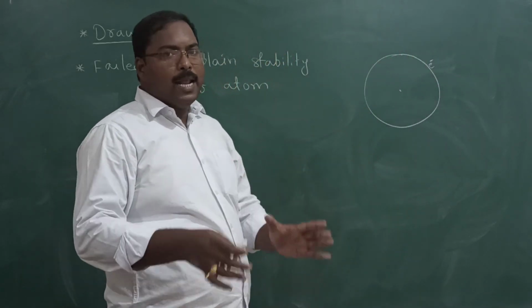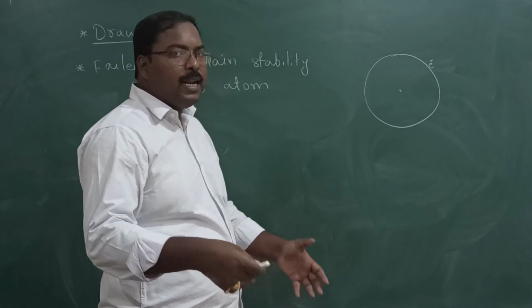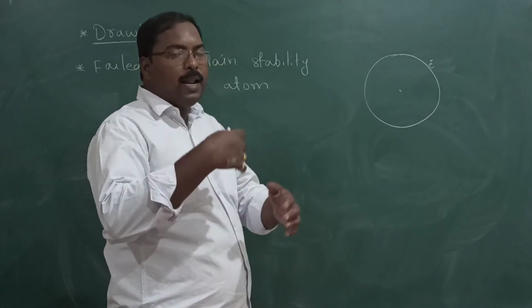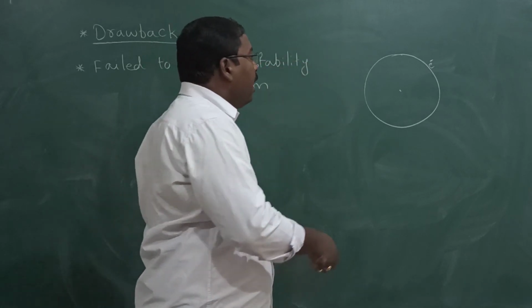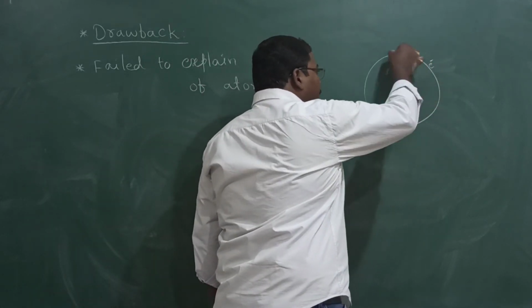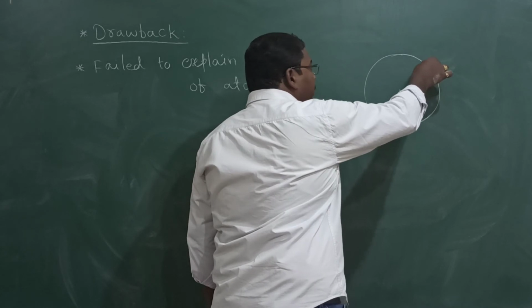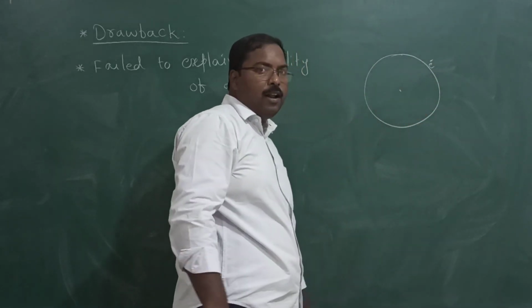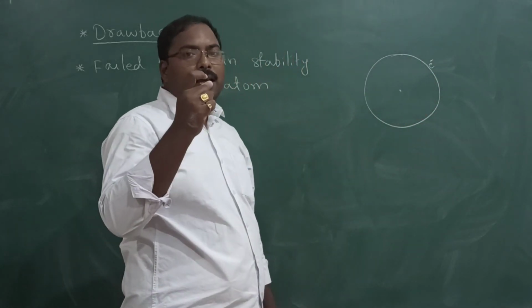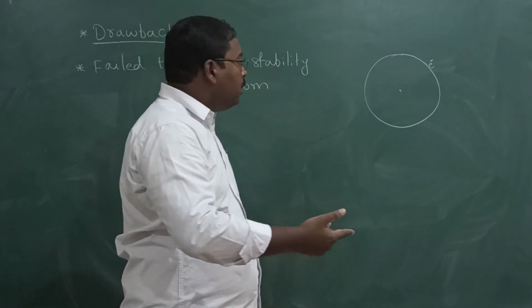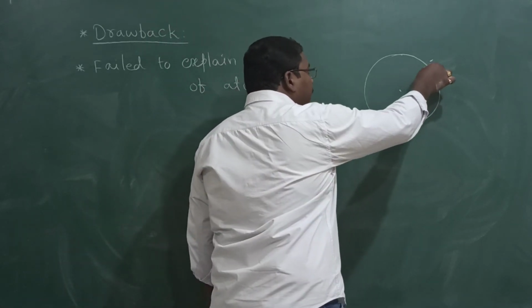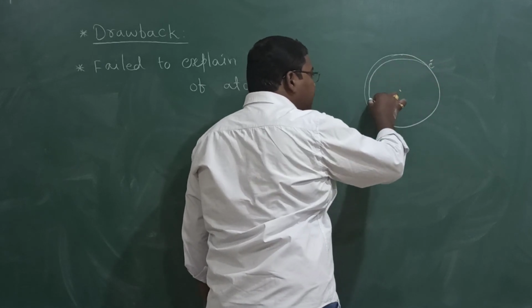It will have some energy. Like when we are running in the ground, when we do one round, we lose some energy. Correct or not? The electron is also a charged species, so during motion it will also lose some energy.